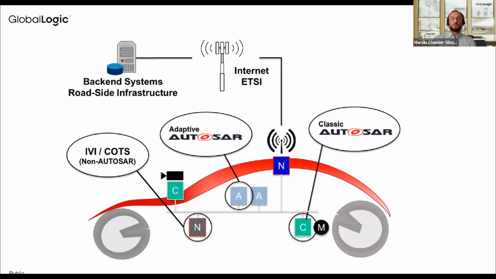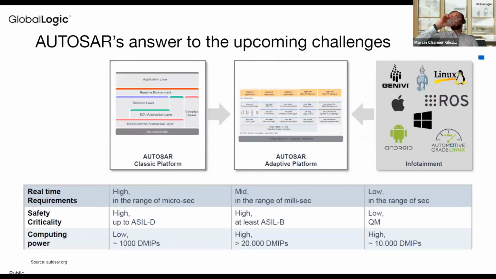So as an example, the adaptive platform incorporates some IP, same as the already classic platform, and the same method for communication can be used by IVI systems. So the AUTOSAR Adaptive platform will fill the hole between the classic and infotainment platforms. Today's ECUs mainly implement functionality that replaces our electromechanical systems.